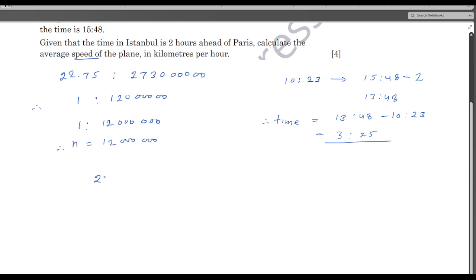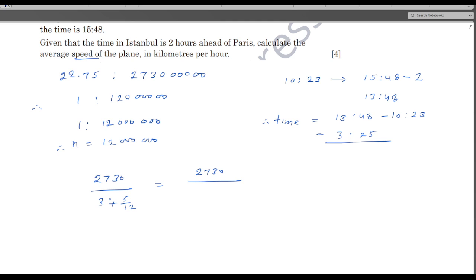So 2730 kilometer, and time is 3 hour 25 minute. If we convert to hours, it will be 25 divided by 60. So 3 plus 5 divided by 12. So this will give me 2730 divided by 3 plus your answer, so it is 41 divided by 12.